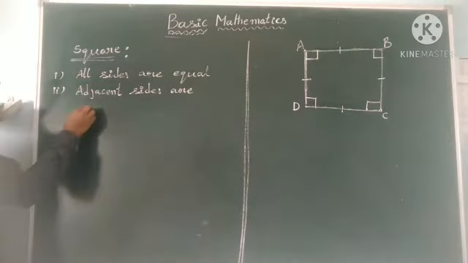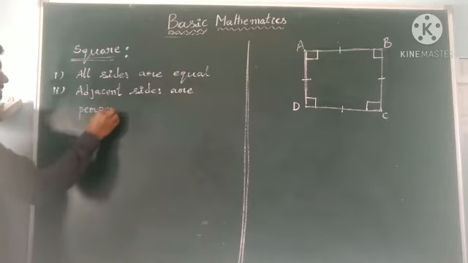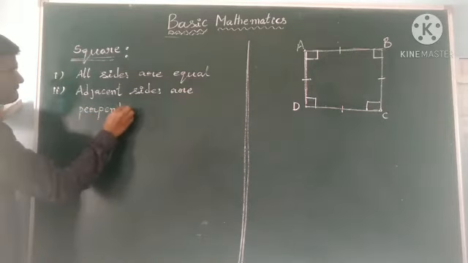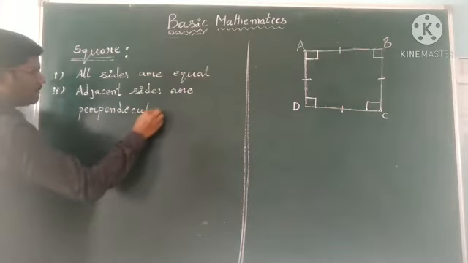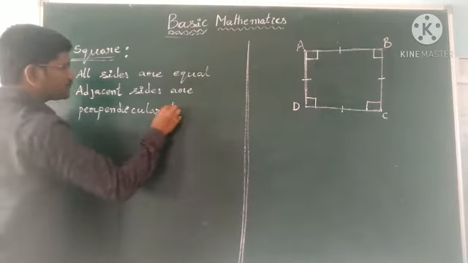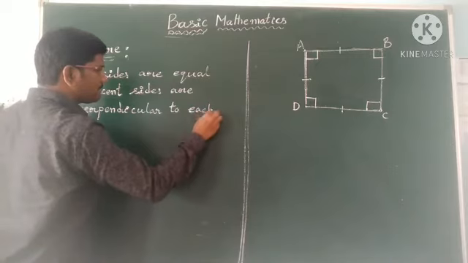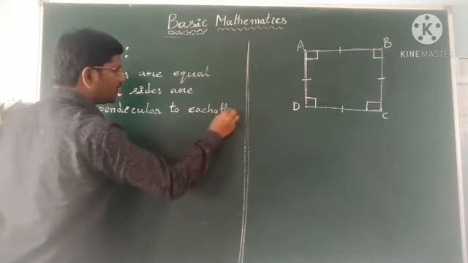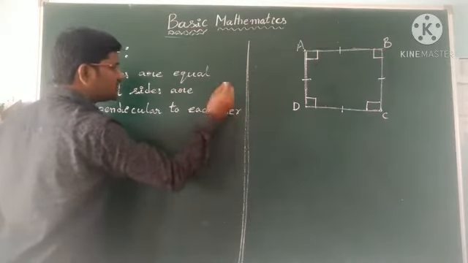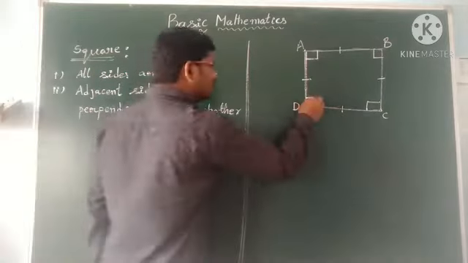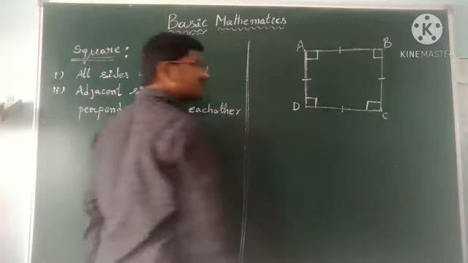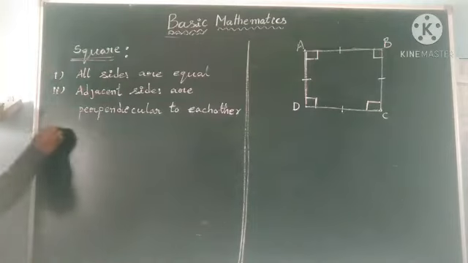Adjacent sides are perpendicular to each other, which means 90 degrees. So this is the second point.